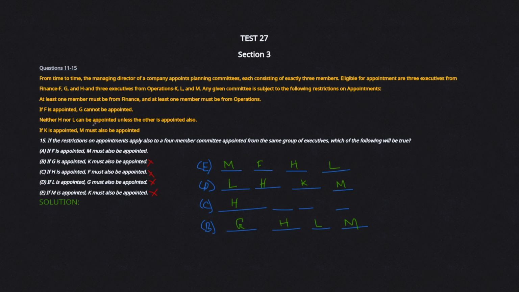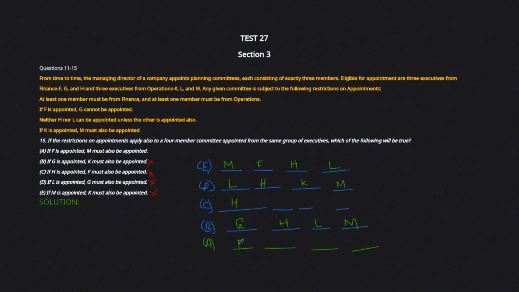So by the process of elimination, A has to be our correct answer, but still, I will try it out for myself. For A, we have if F is appointed, M must also be appointed. Okay.